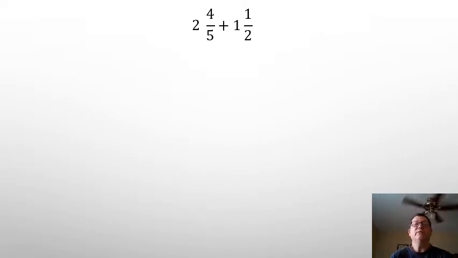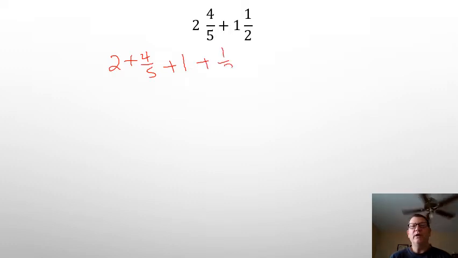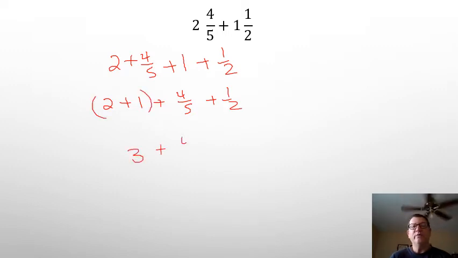Let's try this again. This time, I'm going to rewrite it: 2 plus 4/5 plus 1 plus 1/2. And I'm going to rewrite it according to the commutative property as 2 plus 1 plus 4/5 plus 1/2. When I add my whole numbers, now I've got 3 plus 4/5 plus 1/2.